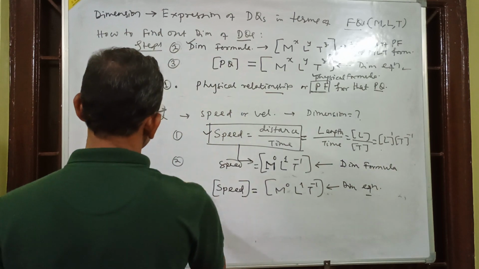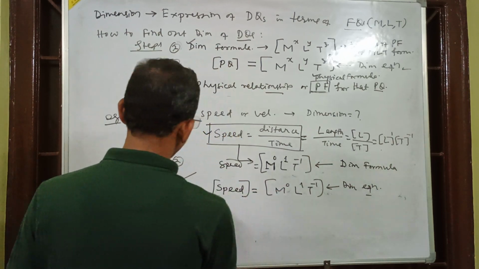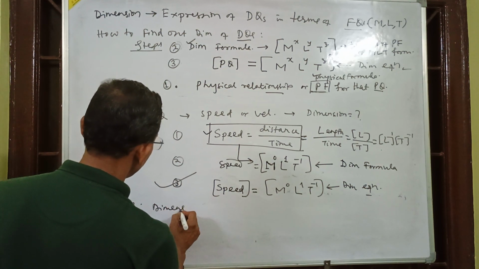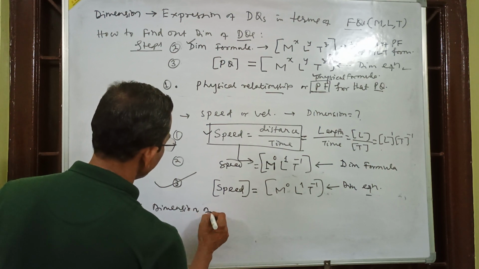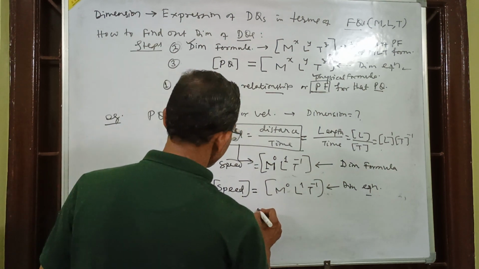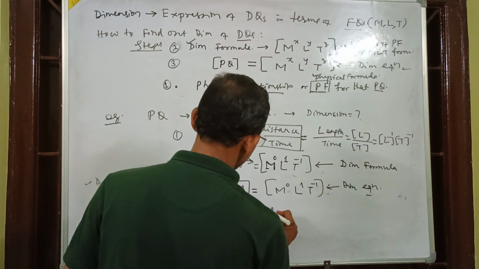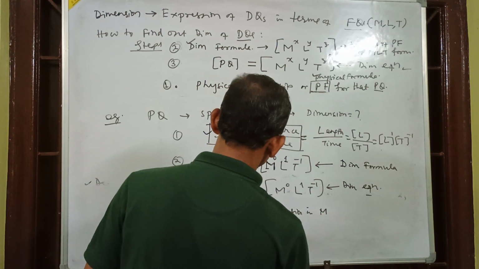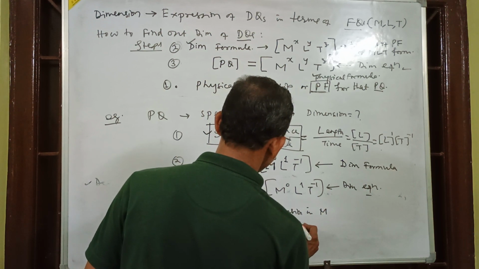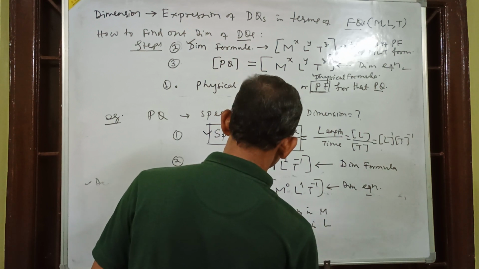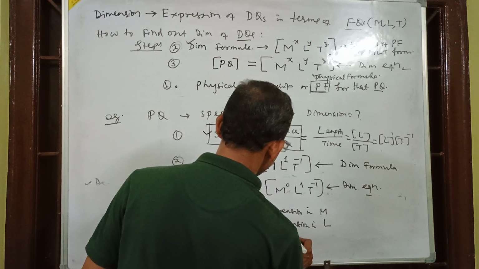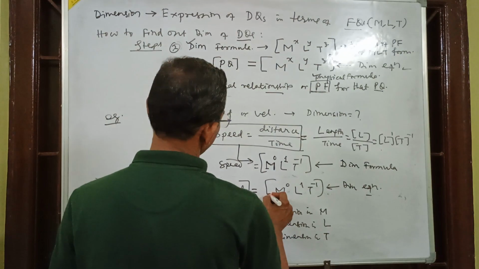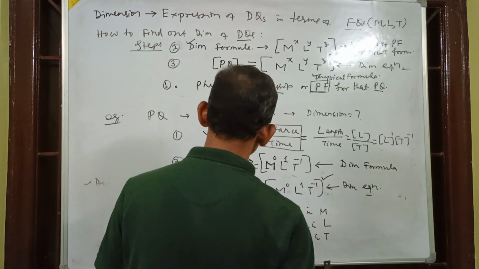This is what is required, and it shows the dimension of speed is zero dimension in M, one dimension in L, and minus one dimension in T. Or once we express this inside the bracket, so this is also the answer.